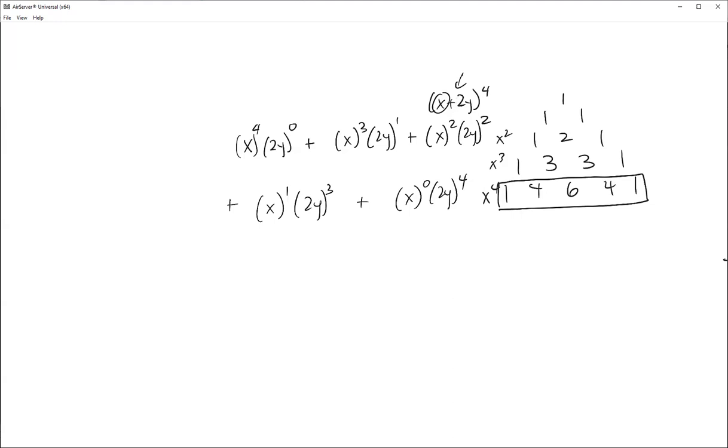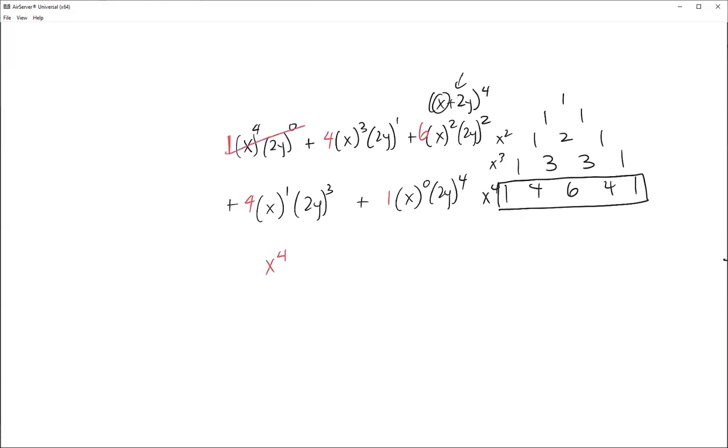Okay, so now we put the Pascal's triangle here, put the 1 and then the 4 and the 6, 4, 1, and then we multiply everything out. So x to the fourth is just x to the fourth. That's done.